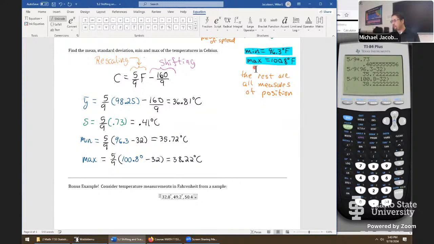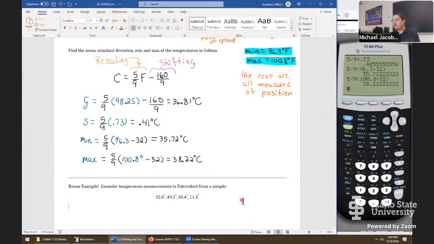Let's go 50.4 degrees. And how about 11.3 degrees? Looks like an outlier in the data set. So we have 4 temperature values. Let's say for part A, find the mean and standard deviation. So pretty fast problem right there so far.